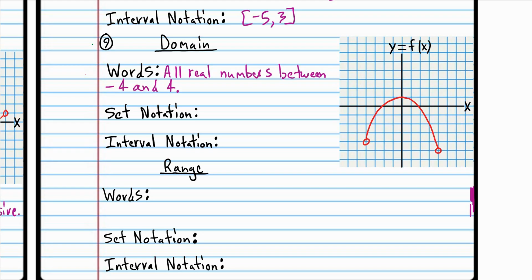So in set notation, we say the domain is the set of all x values such that x is between -4 and 4. But we have open dots there, so -4 and 4 are not part of the domain. So we use parentheses in interval notation.